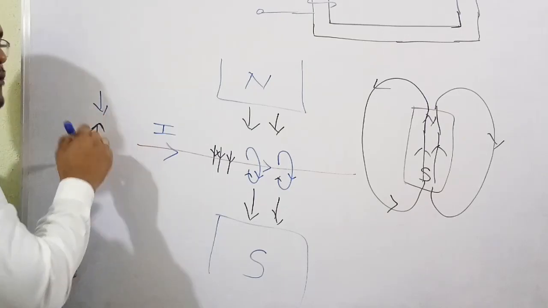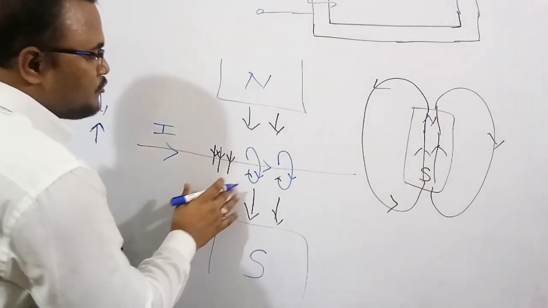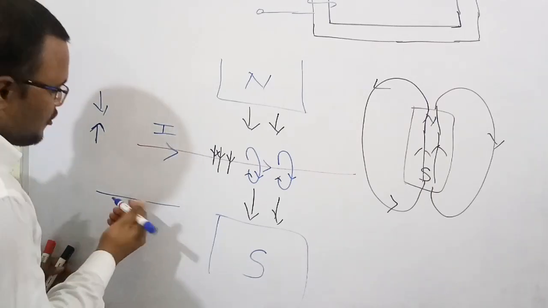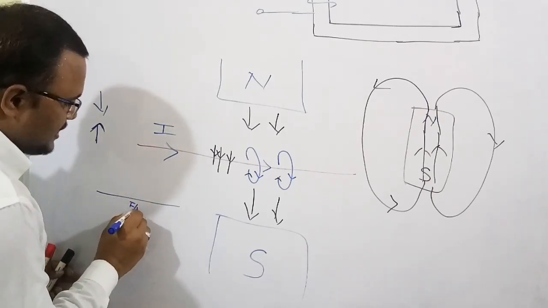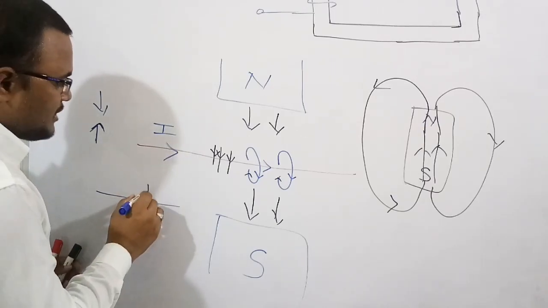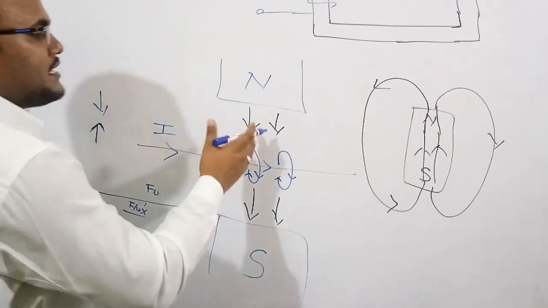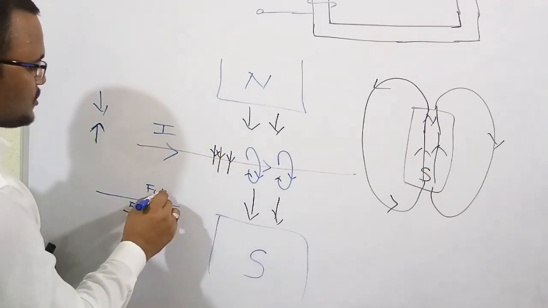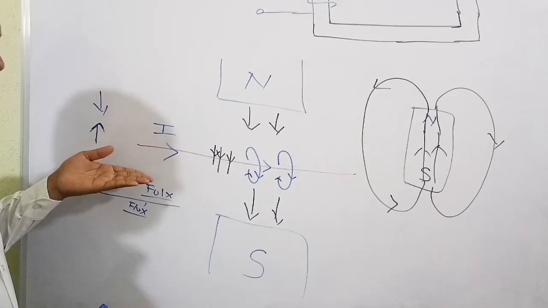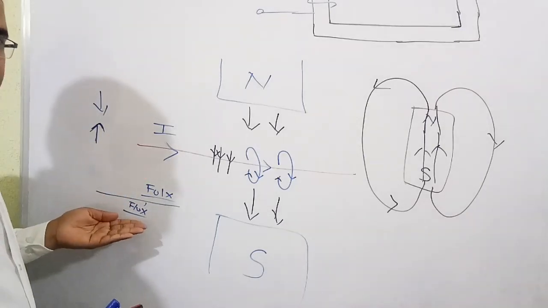Because of this opposition, the magnetic field will be very less below the conductor. There will be less flux or field lines below the conductor, but above the conductor there will be a huge amount of flux, because both are in an additive manner. So there will be more flux lines above the conductor and fewer flux lines below the conductor.